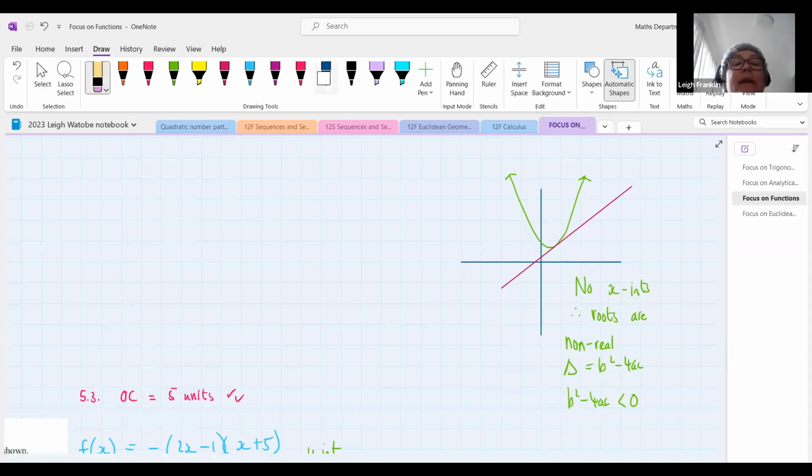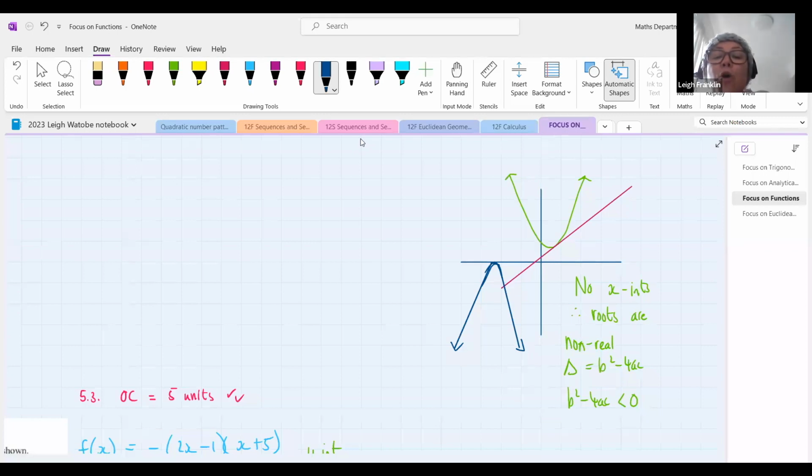Similarly, if I take a parabola and it now has its turning point on the x-axis, the x-axis is a tangent to the parabola. So when a line touches a parabola in one place only, we would say that that line or the x-axis is a tangent. So now here there is one x-intercept or one place where it touches.